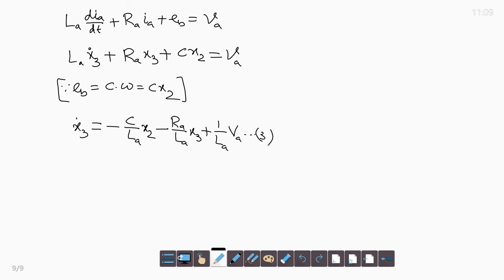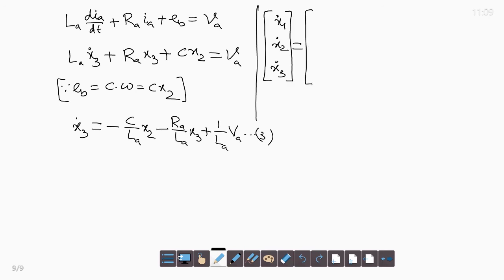So you have equations 1, 2, 3 representing x1 dot, x2 dot, x3 dot in that order. We can now write the state equation with all these three in vector matrix form. You have x1 dot, x2 dot and x3 dot. The first equation is x1 dot equals x2, so 0, 1, 0, where the state vector is x1, x2 and x3.